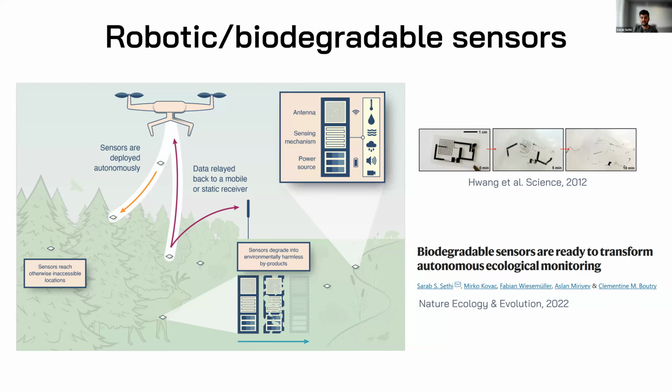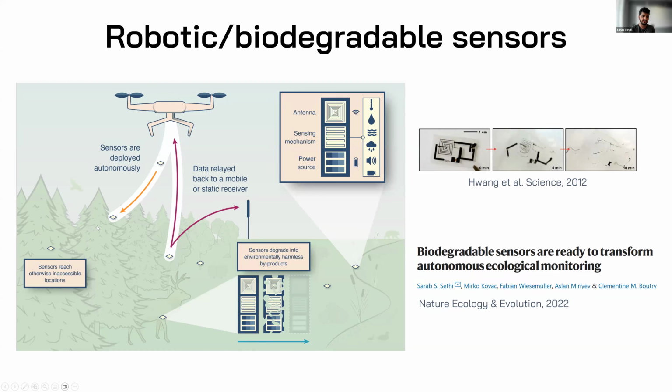In 2022, we published a piece in Nature Ecology and Evolution, which explored how these biodegradable sensors could be used in environmental monitoring. The kind of system we dreamed up was an autonomous robotic platform which flies over or within the ecosystem of interest.